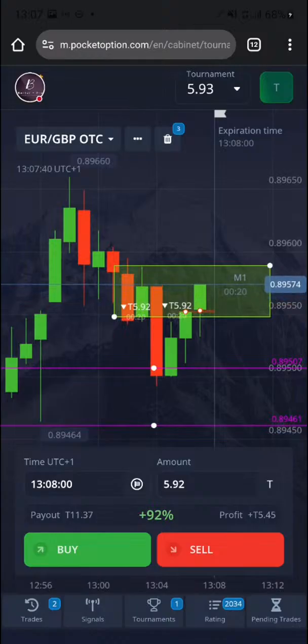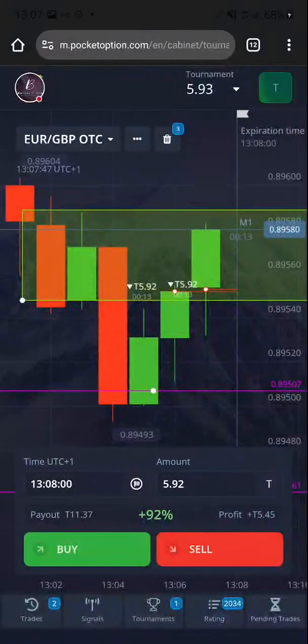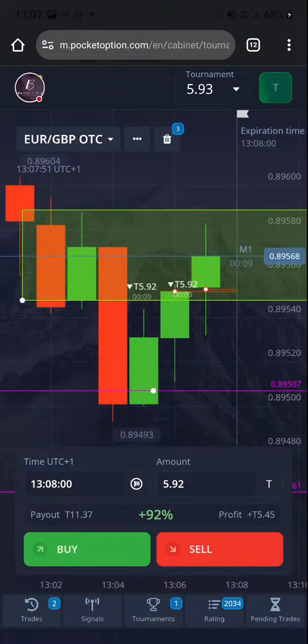So the probability of us having a red candle is high here. I really don't know why the buyers are making it difficult for us, but no problem.